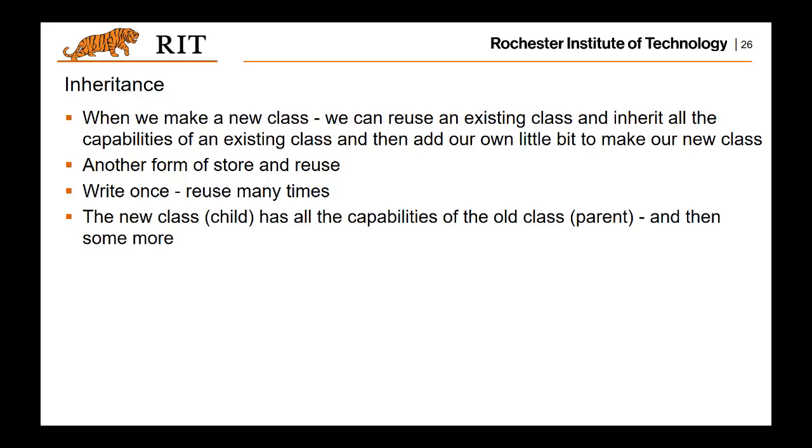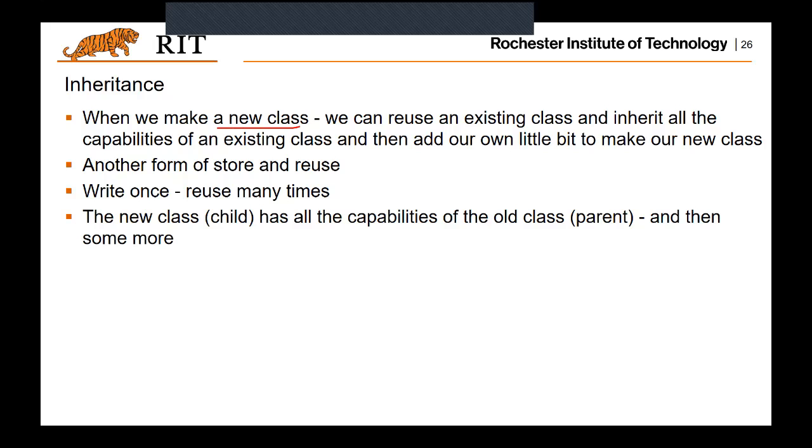In other words, if we go back to objects, similarly, if we have a new class, we can reuse some of the capabilities and attributes of an existing class. And at the same time, this new class has some special or new things other than the existing one.